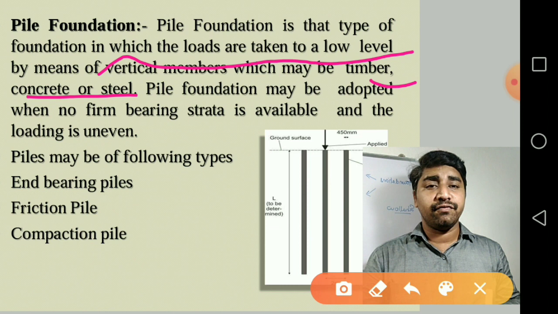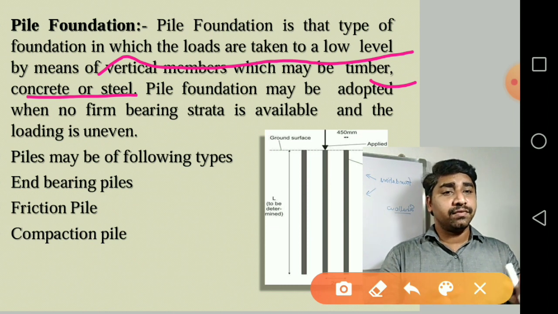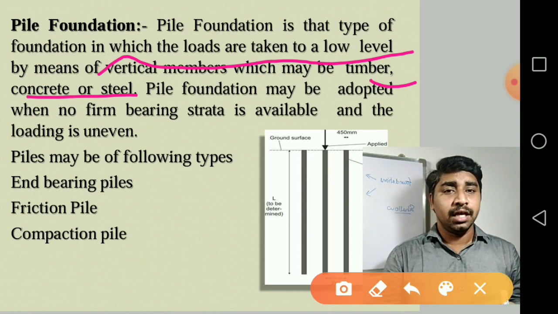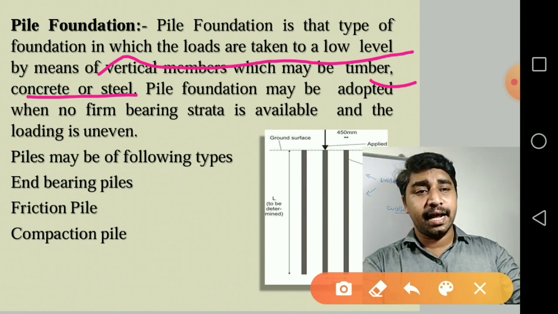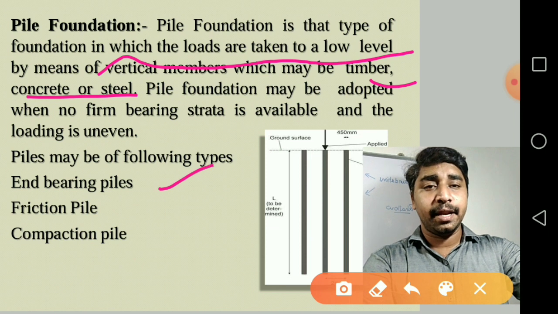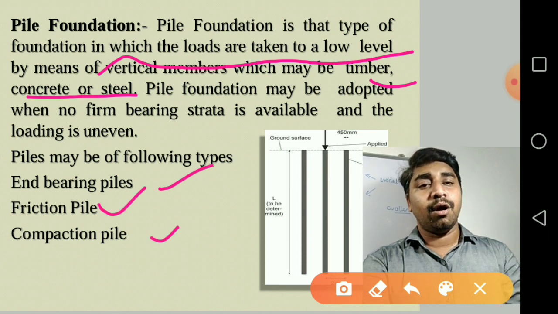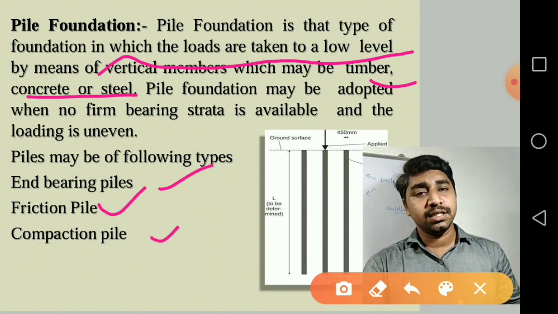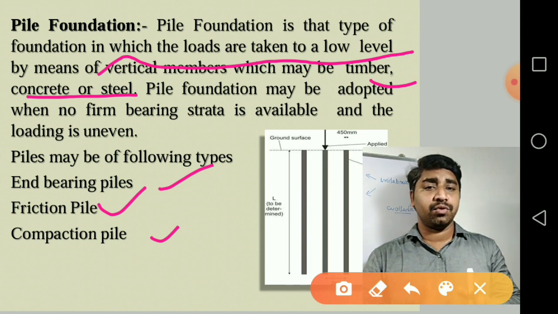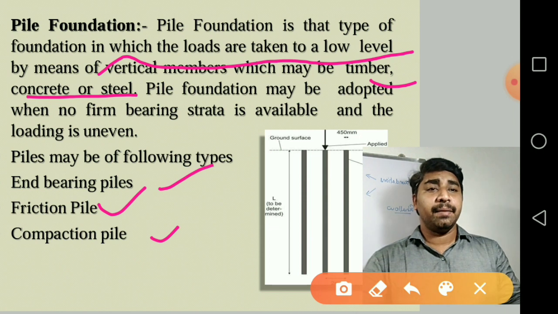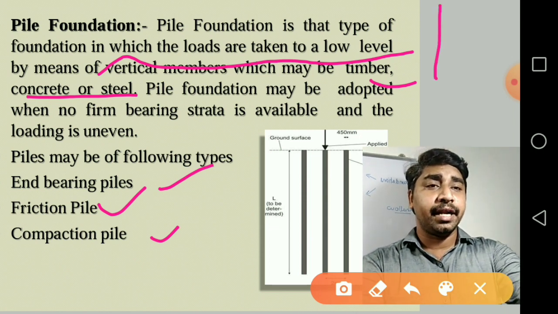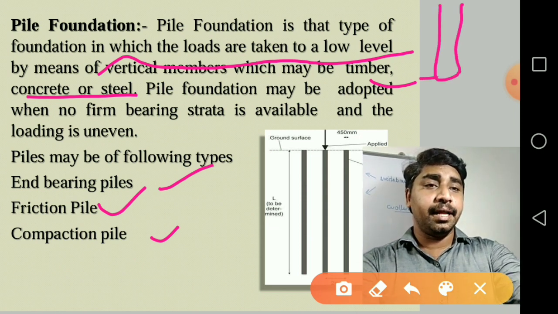So piles may be of three types. On the basis of the load distribution, piles can be classified as end bearing piles, friction piles, and compaction piles. So what are end bearing piles, what are friction piles, what are compaction piles? End bearing piles means the tip is going to distribute the load.